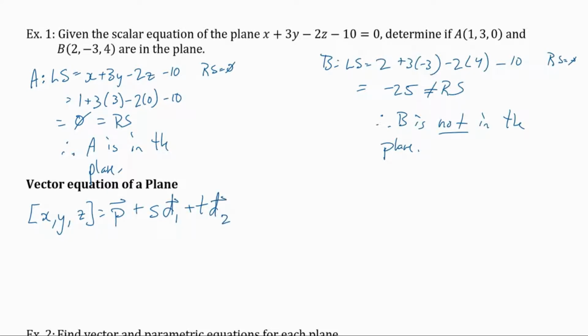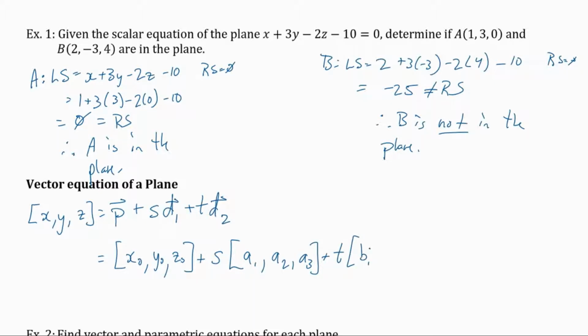I need 2 direction vectors. That's what is required to define a plane. So my point could be x naught, y naught, z naught, plus some parameter s times my first direction vector, and then my other parameter t times my other direction vector.